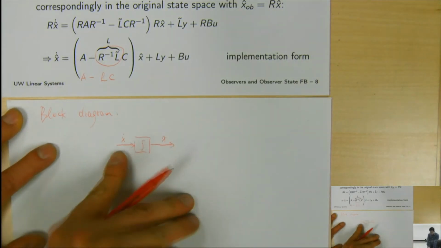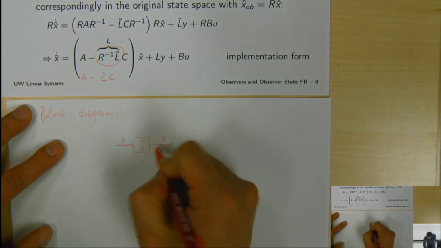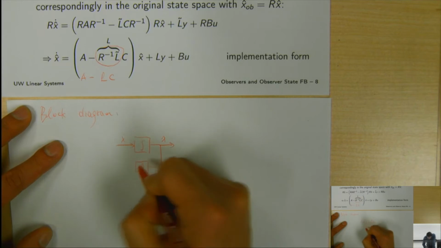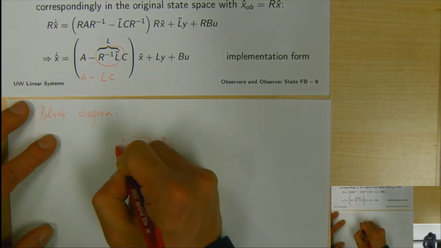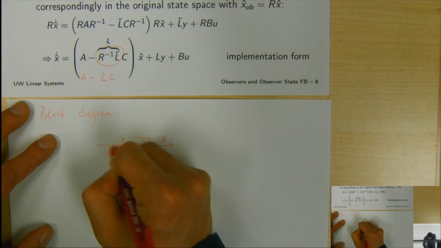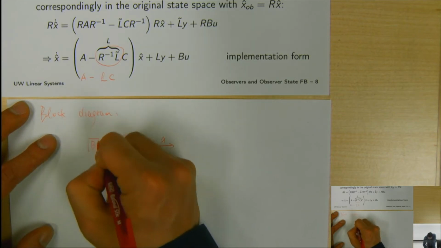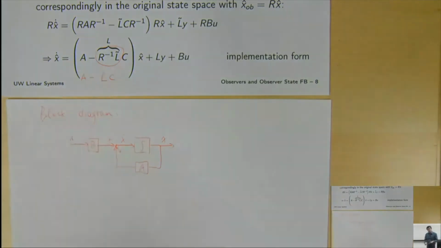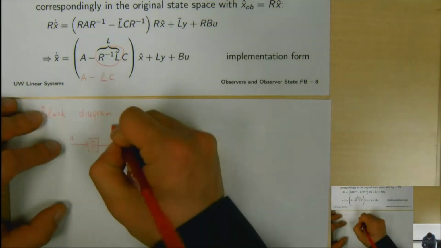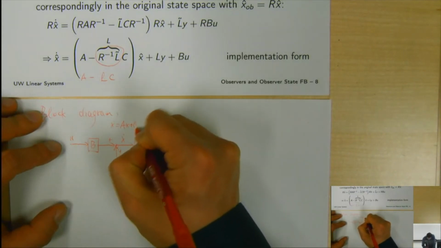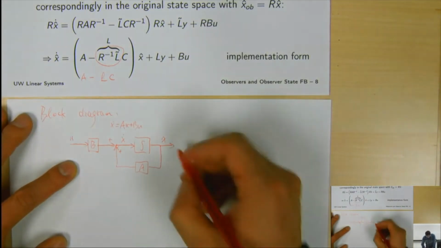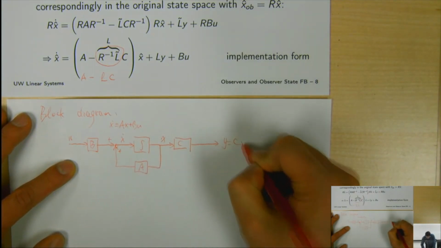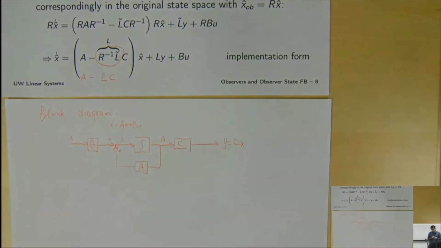So x dot after integration becomes x, so x dot should equal, in the original system, A times x plus B times u. This is the state dynamics. X dot equal to Ax plus Bu. And then y should equal to x times C.